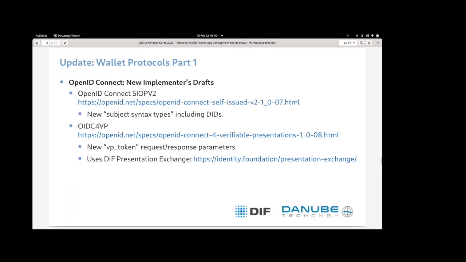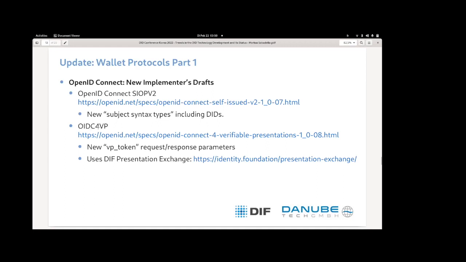The second draft specification is about OpenID Connect for verifiable presentations. So this makes it possible to transmit verifiable credentials and verifiable presentations over the OpenID Connect protocol, with or without DIDs.